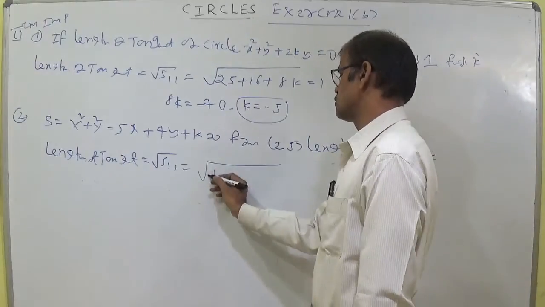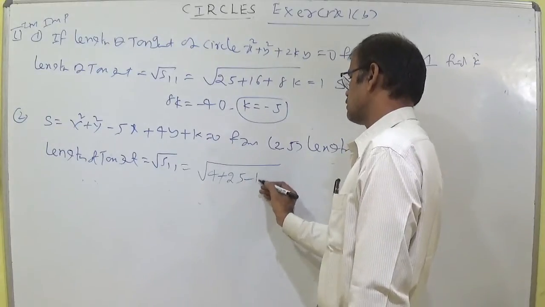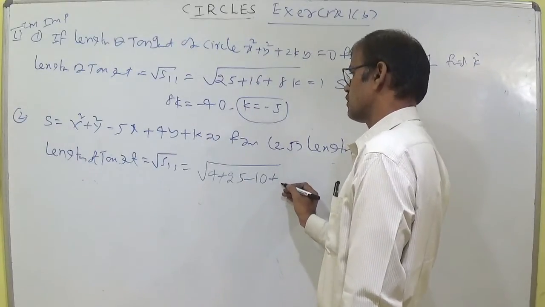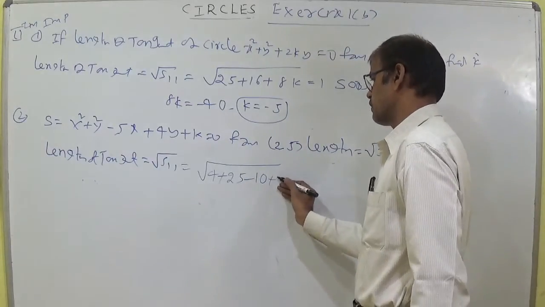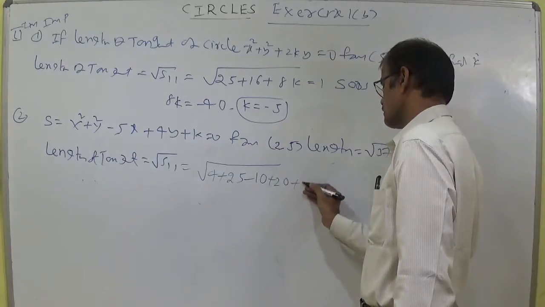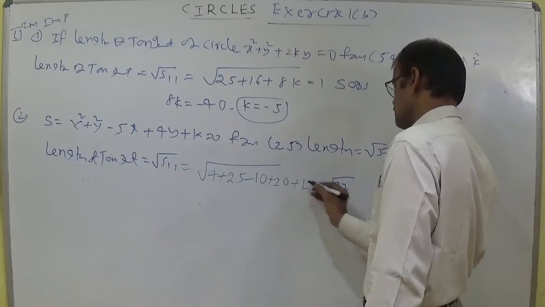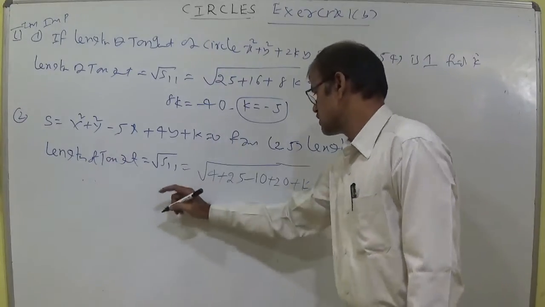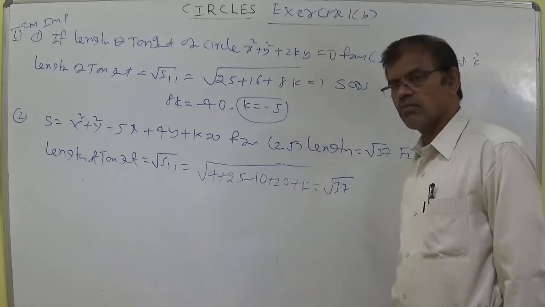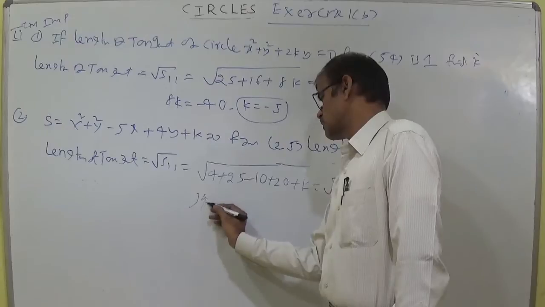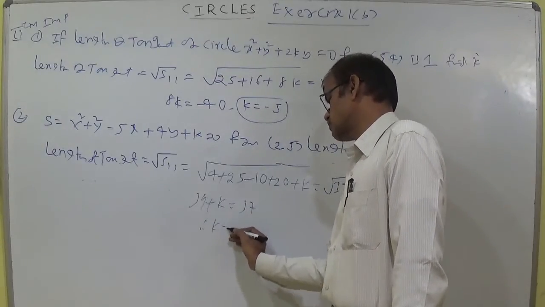So 2 square is 4, plus 25, minus 5 times 2 which is 10, plus 4 times 5 which is 20, plus k equal to root 37. Squaring, 4 plus 25 is 29, minus 10 is 19, plus 20 is 39. So 39 plus k is equal to 37. Therefore k is equal to minus 2.